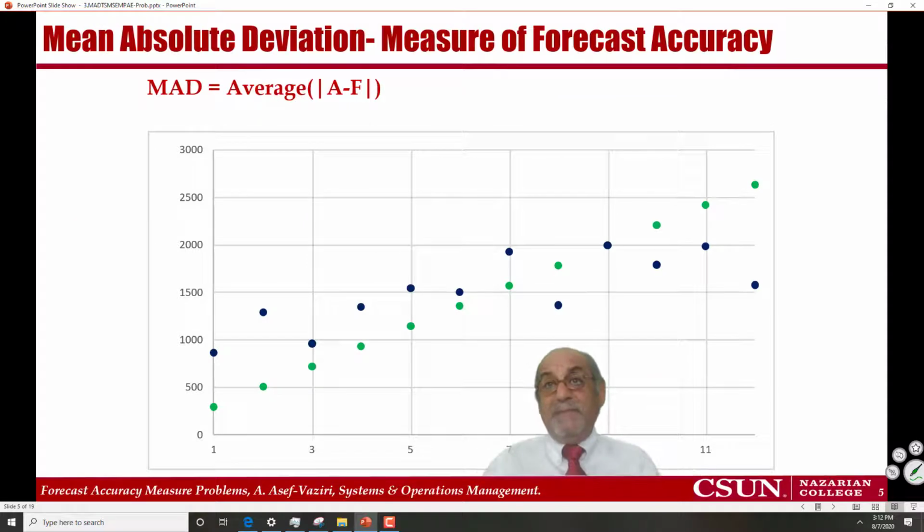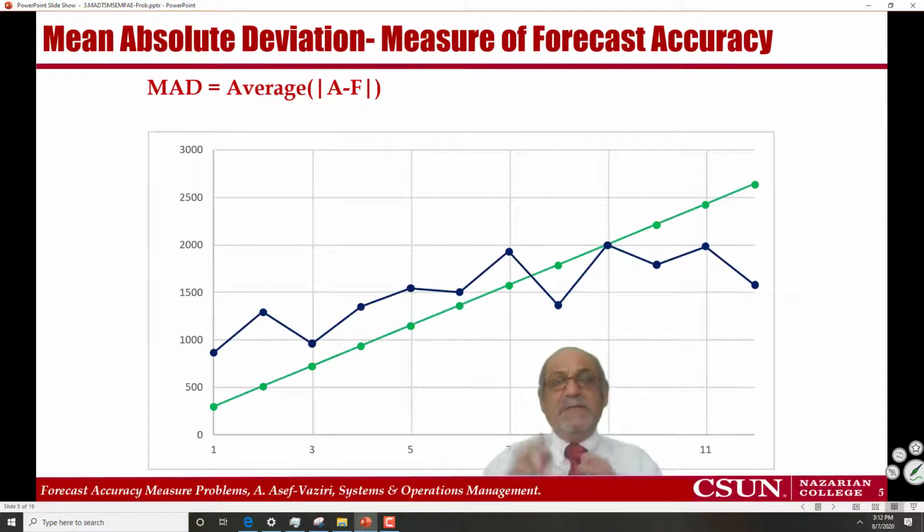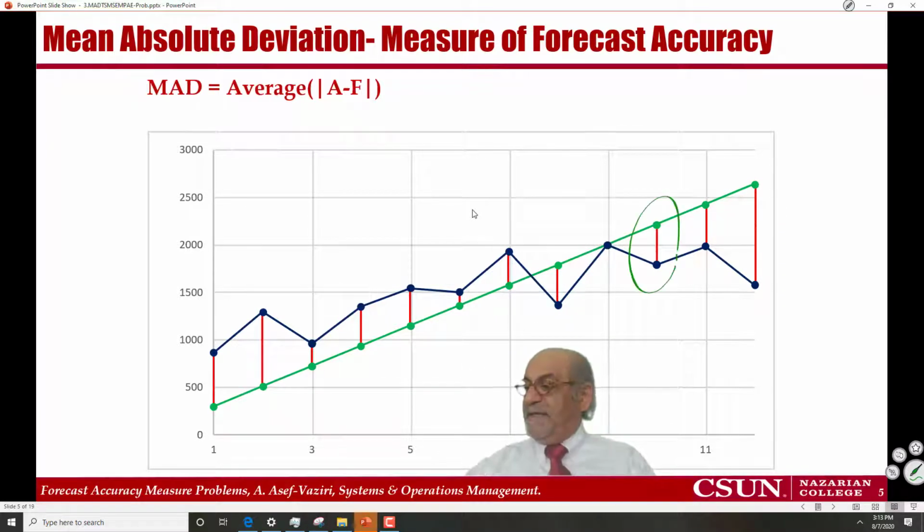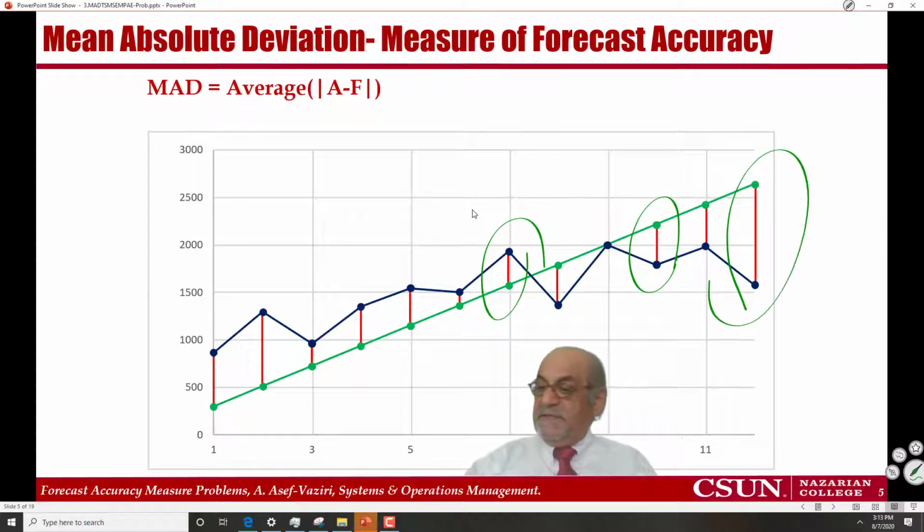So for MAD, these are our actual data. Suppose these are our forecasts, and we look at the gap between actual and forecast and we drop the sign, because we don't want these values and these values to cancel each other out.